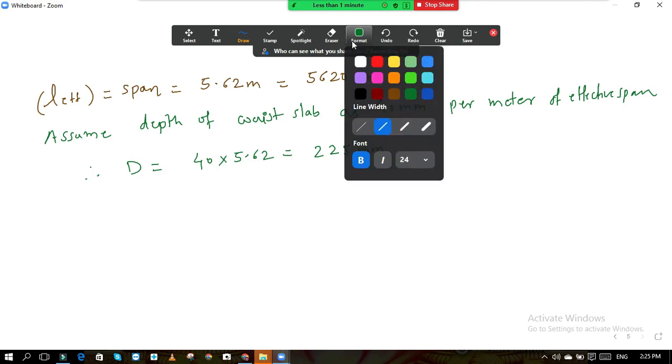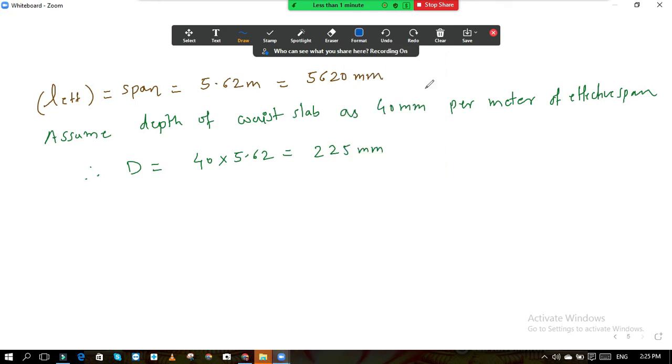Okay, so what will we do? We will assume clear cover and bar diameter.